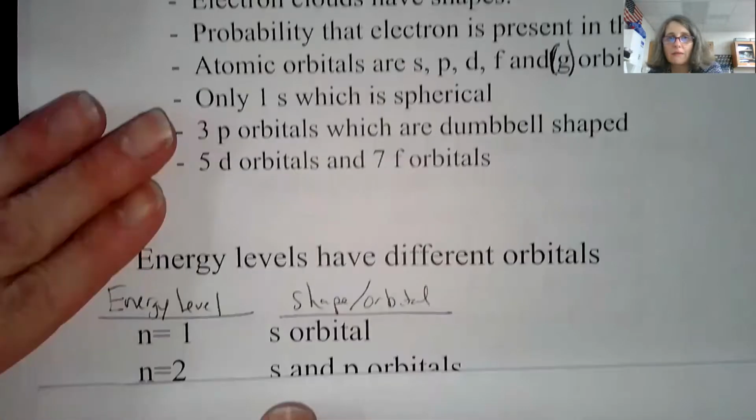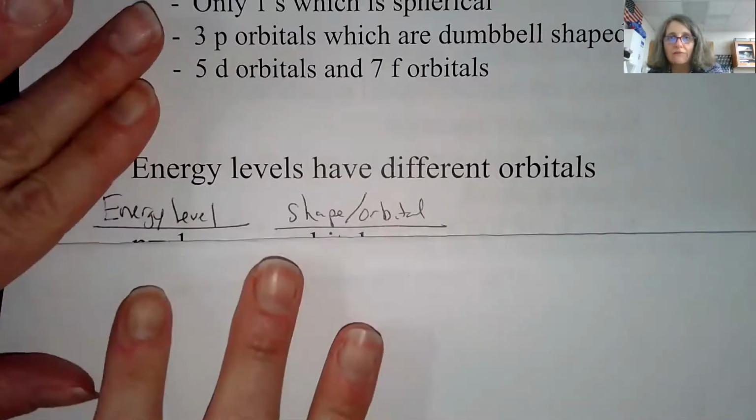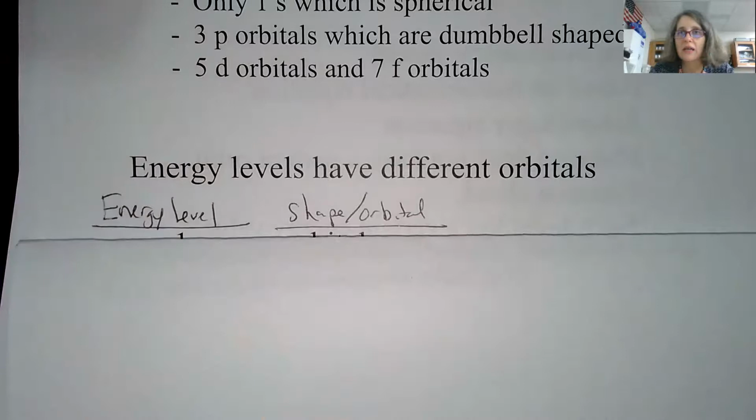So each one of these energy states is going to have different orbitals within them. If you would put into your notes energy level, make a little column for energy level, and then put shape/orbital, however way you're going to know what that means. So energy levels are going to have different orbitals, and that's what that website was trying to show you.